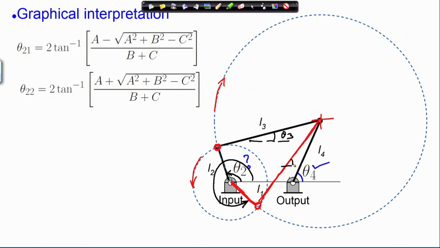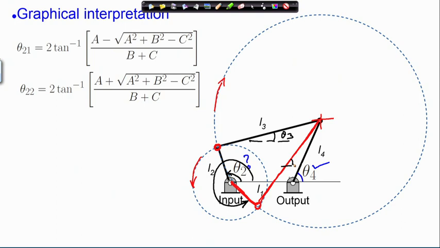So, we have two solutions, and these are the two assembly modes. Now, whether they are distinct or same, that will depend on whether this mechanism is a Grashof mechanism or a non-Grashof mechanism. So, that is the visualization of the solution.